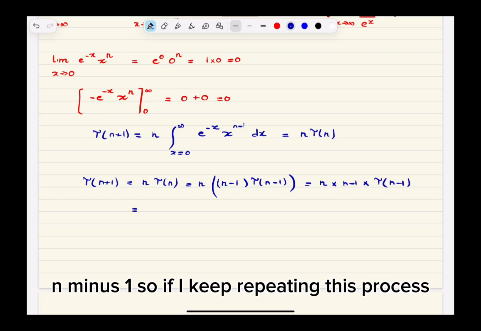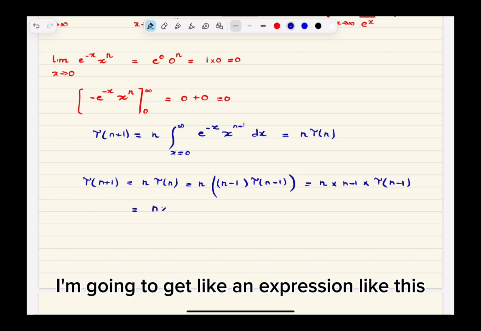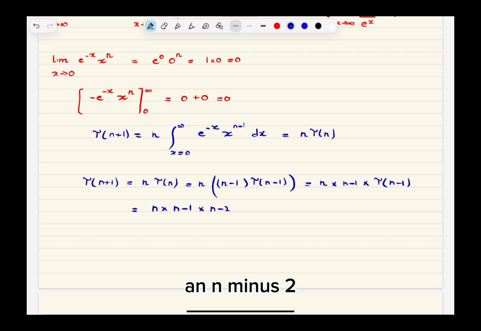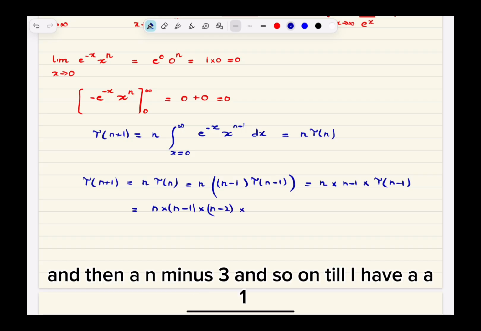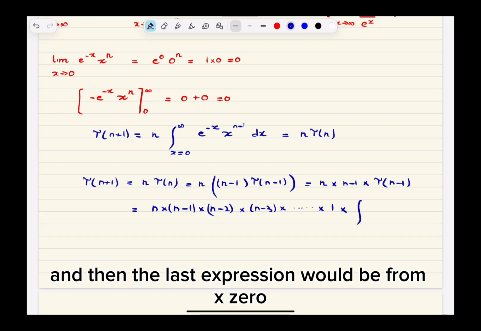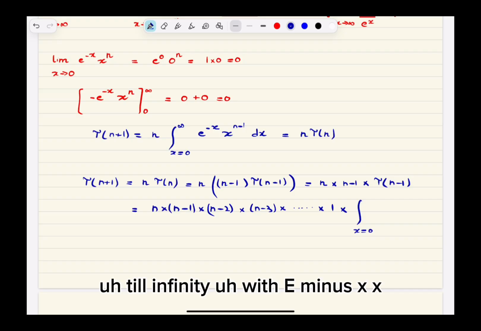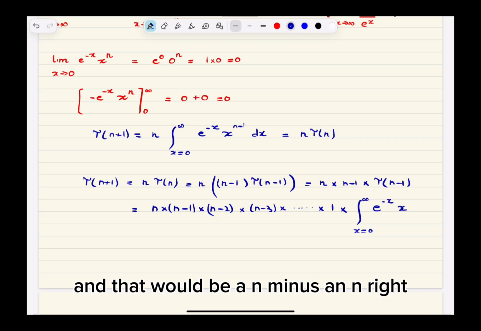If I keep repeating this process, I'm going to get an expression like this, n minus 2, and then n minus 3, and so on till I have a 1, and then the last expression would be the integral from 0 to infinity of e^(-x), and that would be gamma of n minus n.